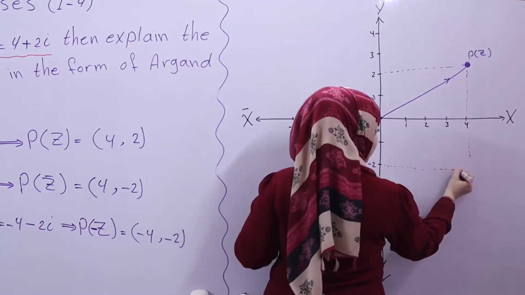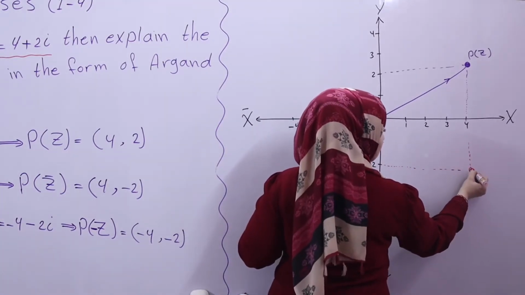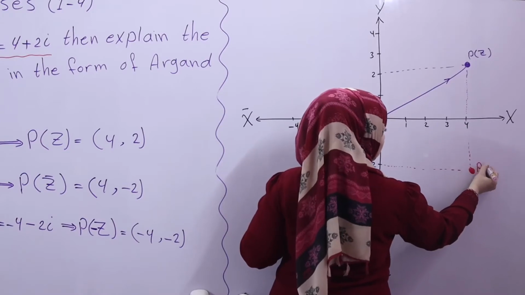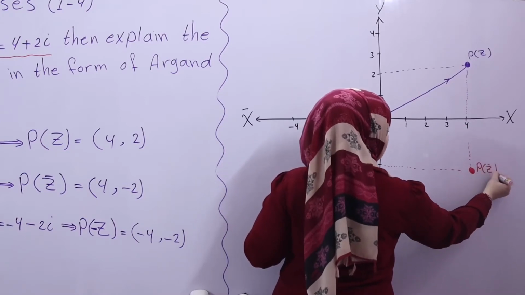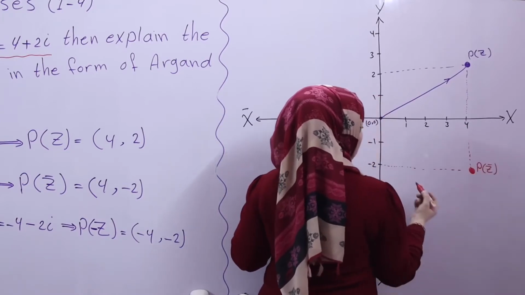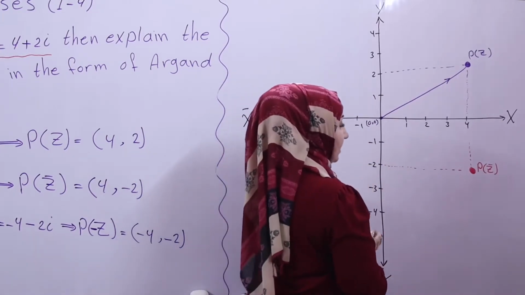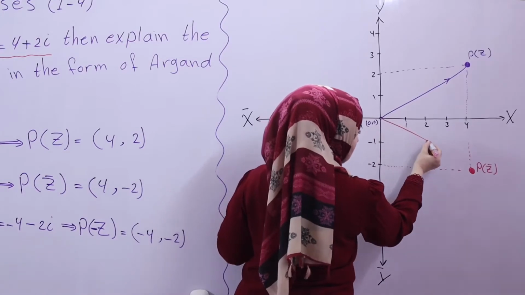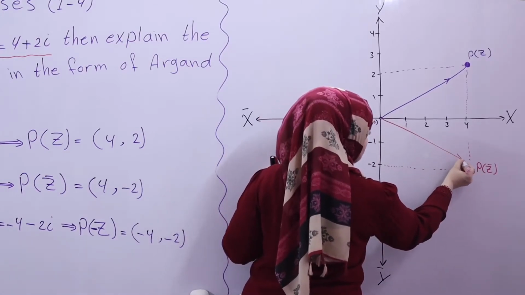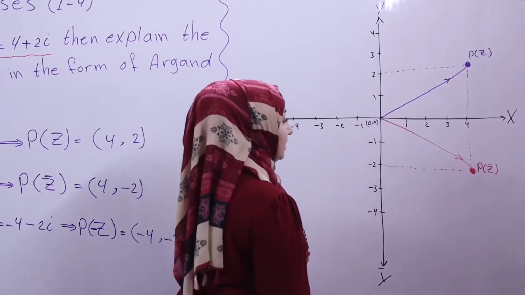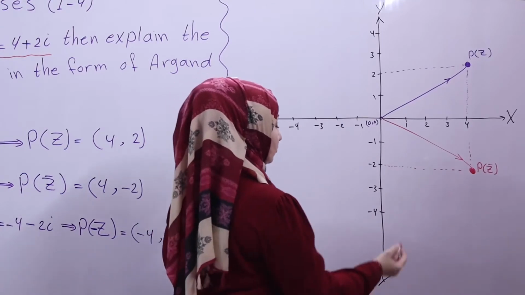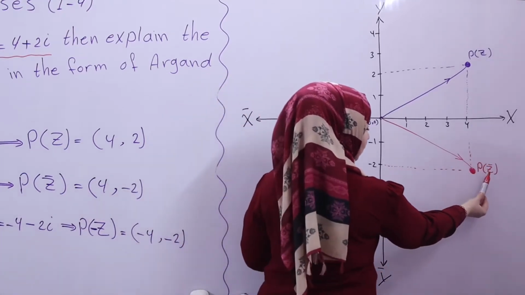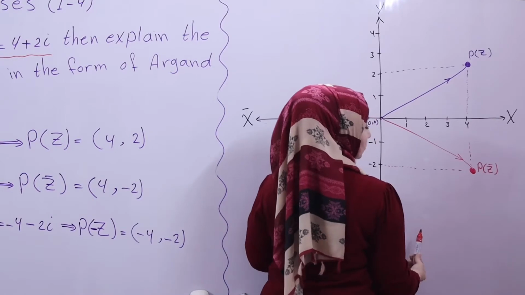So its point will be here, the point which represents the conjugate of z. And to draw the Argand shape for it, we will connect the origin and the point which represents the conjugate of z. So this is the Argand shape for the conjugate of z.